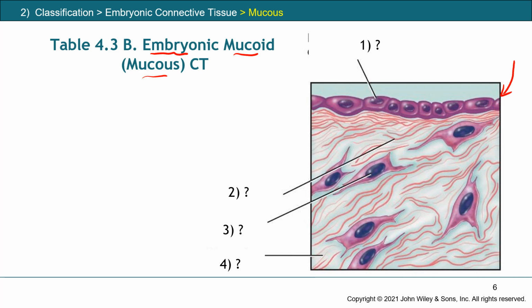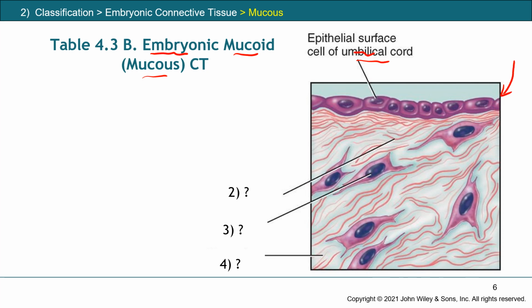And what you have here in number one is not a surprise for you, that is an epithelial surface of the umbilical cord. And then in the other three components, what you find is cells, ground substance, and fiber.